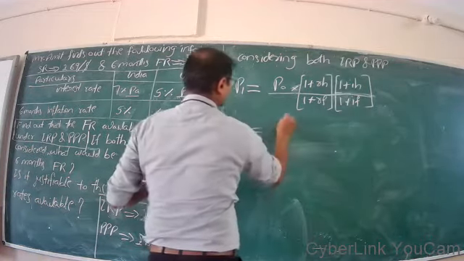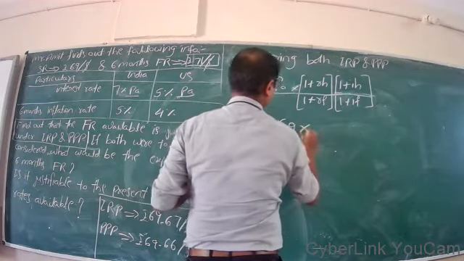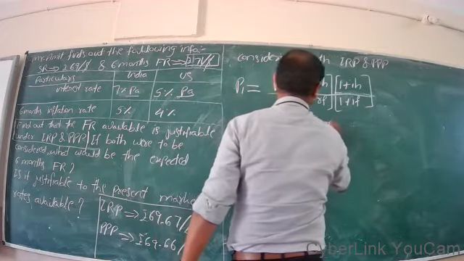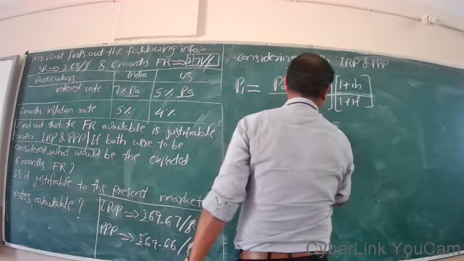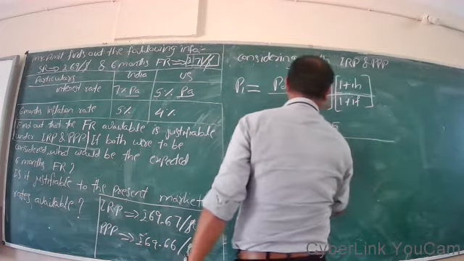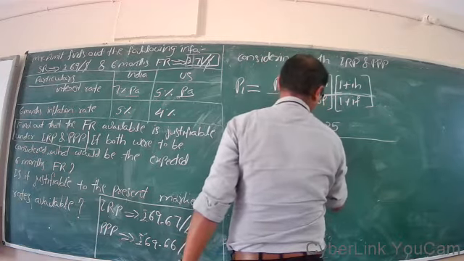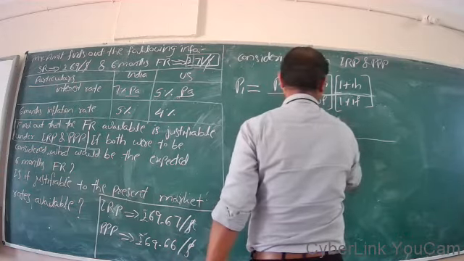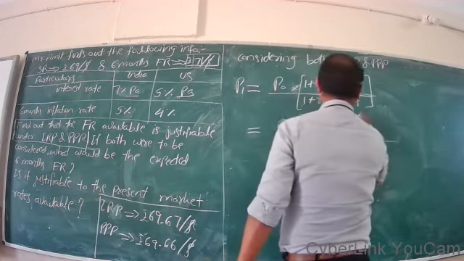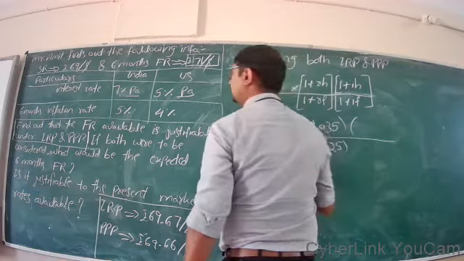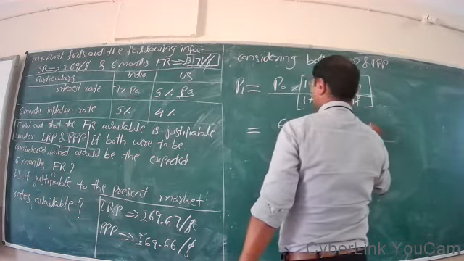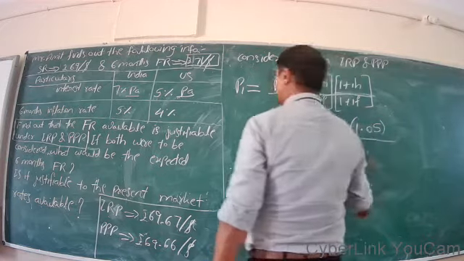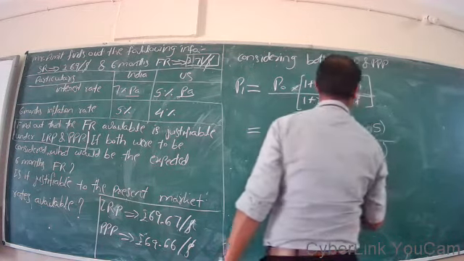So that is equals to 69 into 1.035 divided by 1.025, multiplied by inflation in home country 1.05 divided by 1 plus foreign country 0.04.